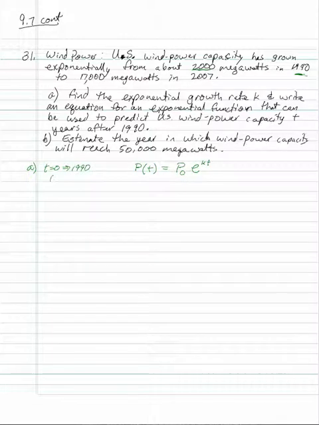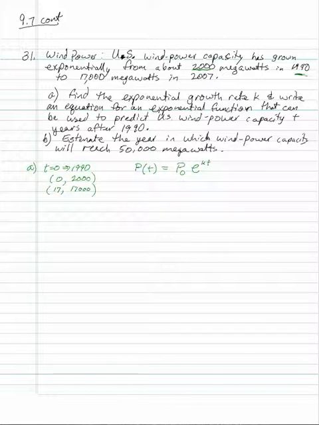If T is 0, the capacity is 2000. And then we got another point, if T is 17. Let me just make sure I wrote these numbers right. Yeah, so that's 17 years, is 17,000.